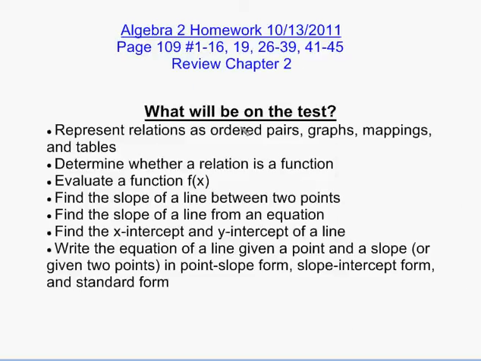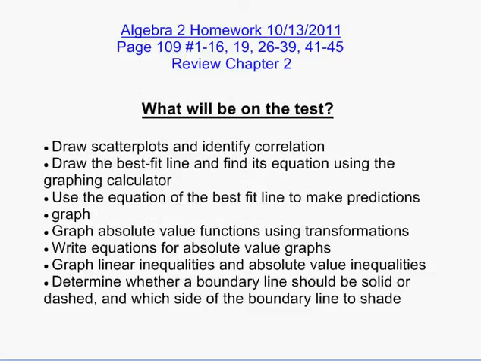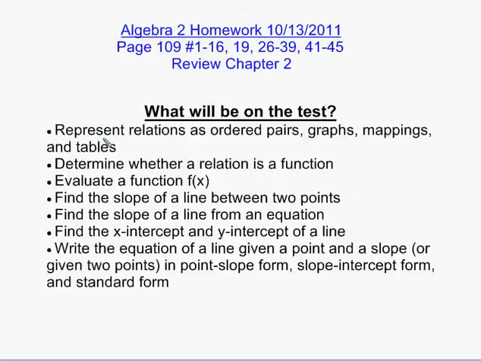The things that are going to be on the upcoming test, there's several different things. This has been kind of a long chapter, okay? These are all the things. First of all, you need to be able to represent relations: ordered pairs, graphs, mappings. You know what a mapping is? It's that thing where it's got the two circles and then you have different arrows going. All right, you have to determine whether a relation's a function, like the vertical line test.